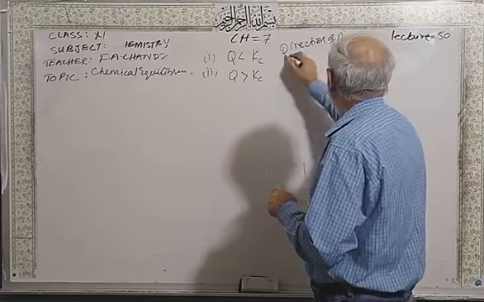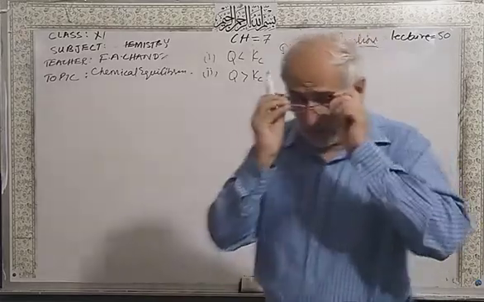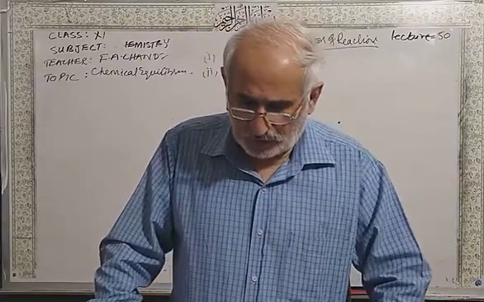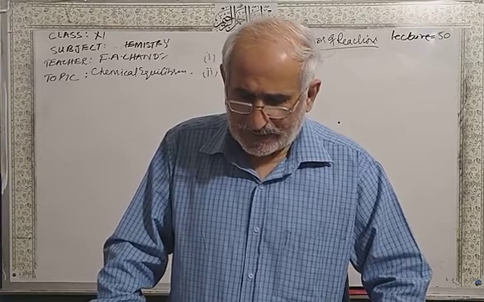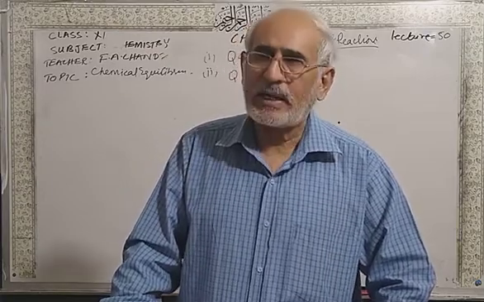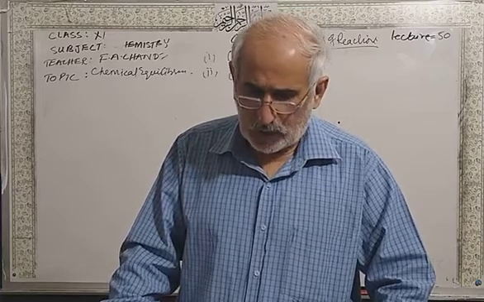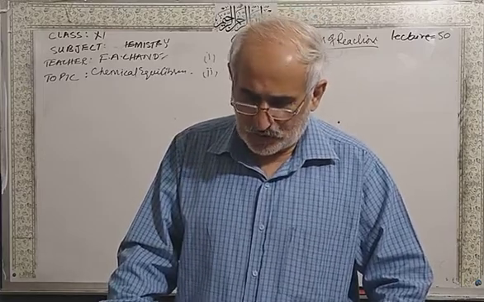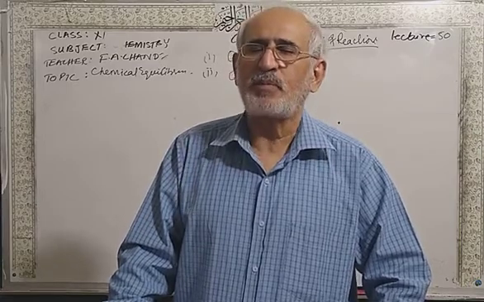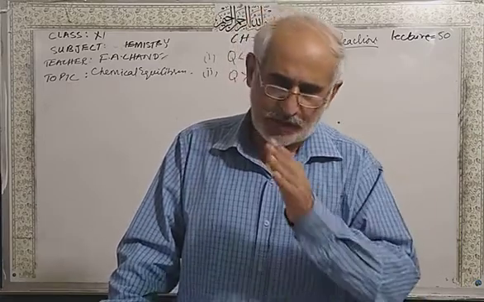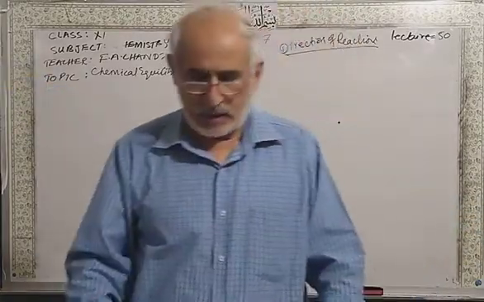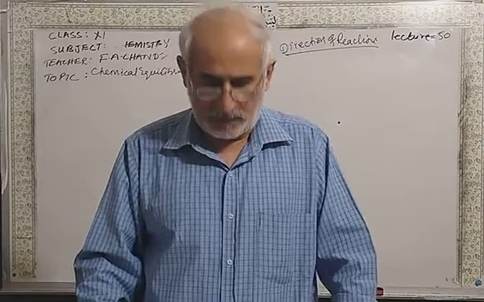So when the quotient Q is greater than the value of Kc, it indicates that less product or more reactants is needed to acquire the chemical equilibrium. Therefore, the system must shift to the left until the equilibrium is reached. In this case, the shifting is towards the left side. In the previous case, the shifting was towards the right side.